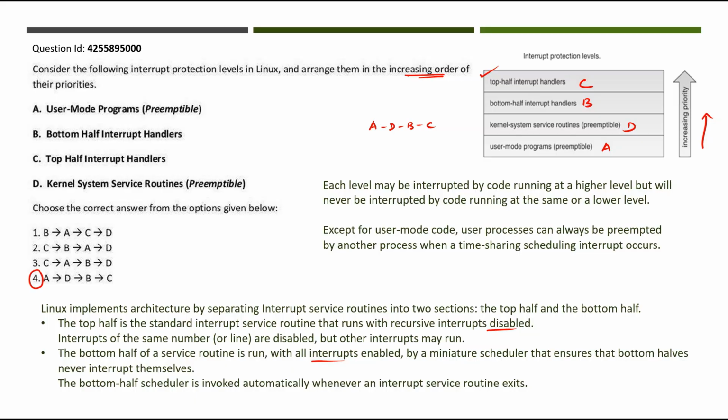It means when C has to do something, it can interrupt B, but it can never be interrupted by code running at the same or lower level, meaning B cannot disturb C. So whether it's the same or lower level, it can never be interrupted. But for user mode code alone, they are saying user processes can be preempted by another process when a time sharing scheduling interrupt occurs. So the exception is given to this part.